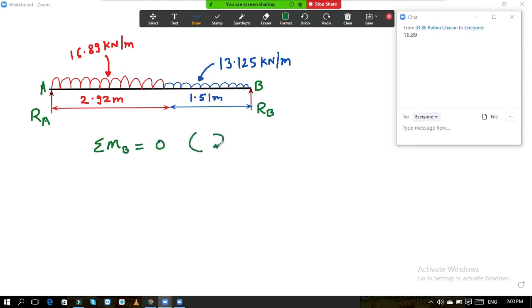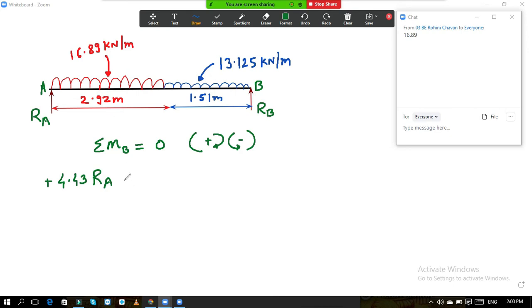Clockwise moments are positive and anti-clockwise moments are negative. The distance of RA is 4.43, so 4.43 RA, moving in clockwise direction, so this is plus.